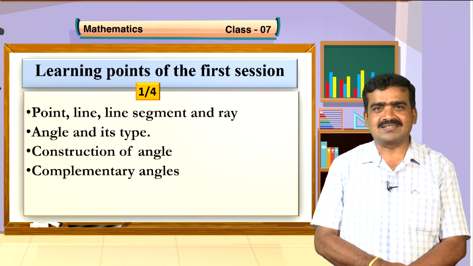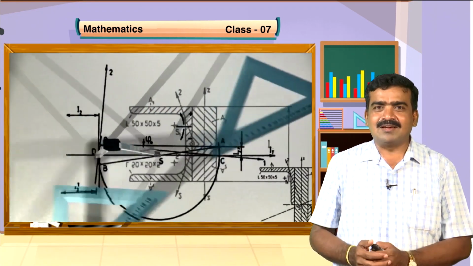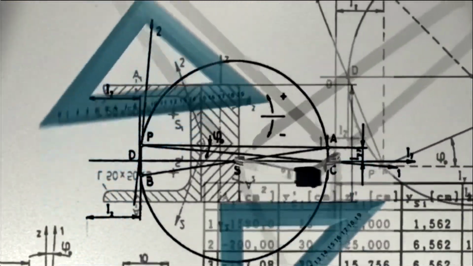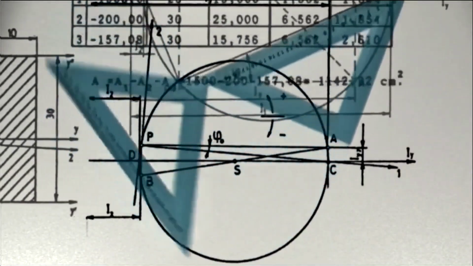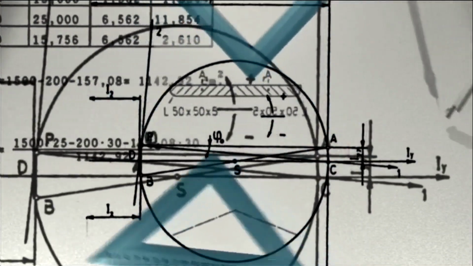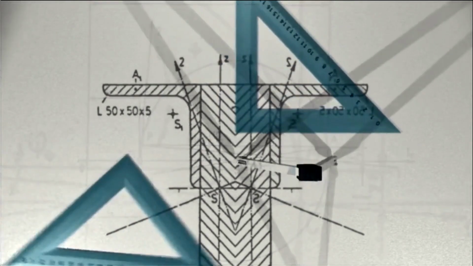Before going to learn all these concepts, let us recall some basics of mathematics, what we call fundamentals of mathematics. As you all know, mathematics plays a very important role in our daily life. We can't imagine the situation in the absence of mathematics. Each and every part of our life is fully loaded with mathematics.